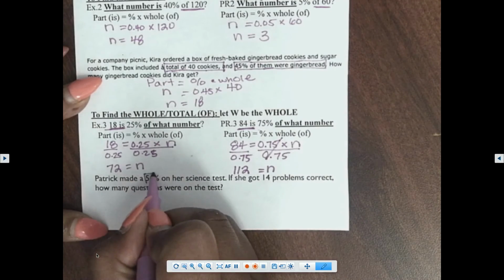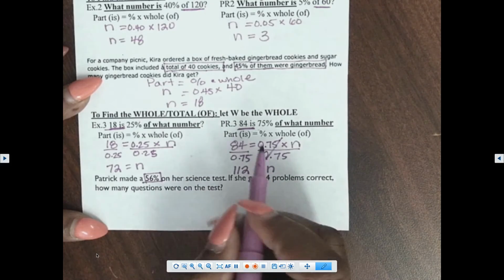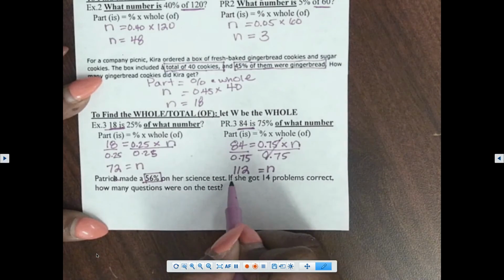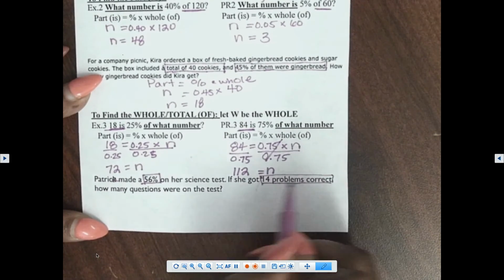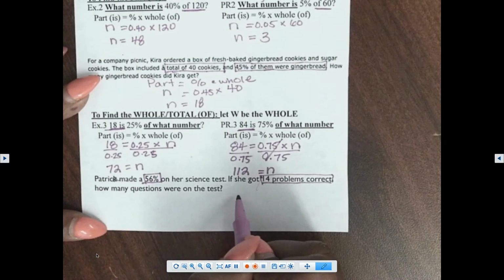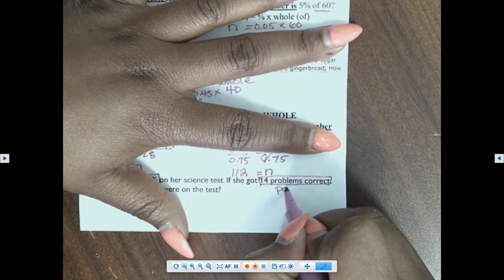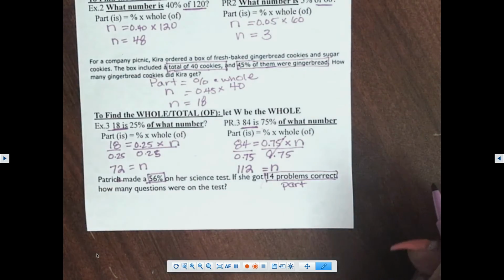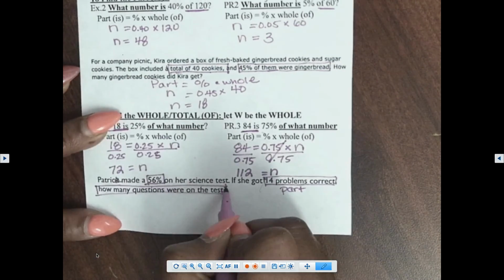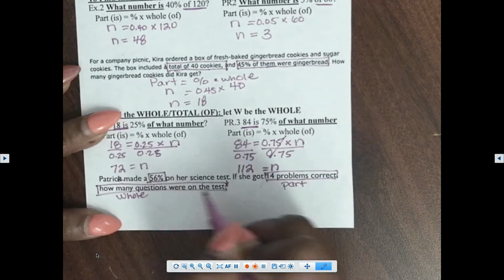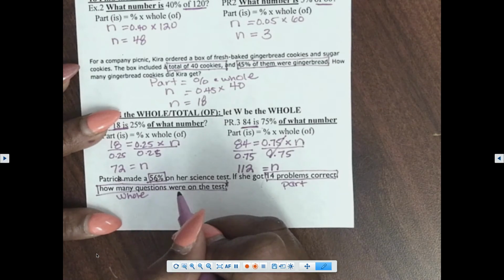Patrick made 56% on his science test. It should have said Patricia. If she got 14 problems correct, how many questions were on the test? Well, 14 represents the part that she got correct. And then how many questions are on the test? This question represents the whole. So they're trying to figure out how many were actually there if she got 56% correct.